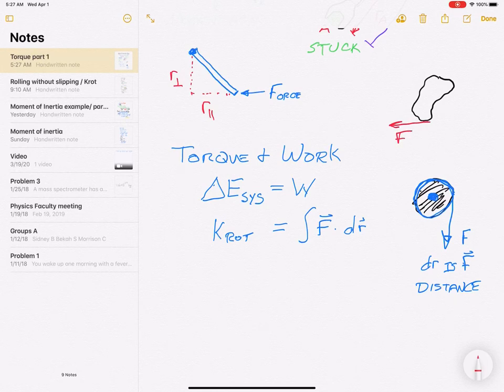We know wherever the center of mass is how it's going to rotate. So this would be our R, R from the axis.